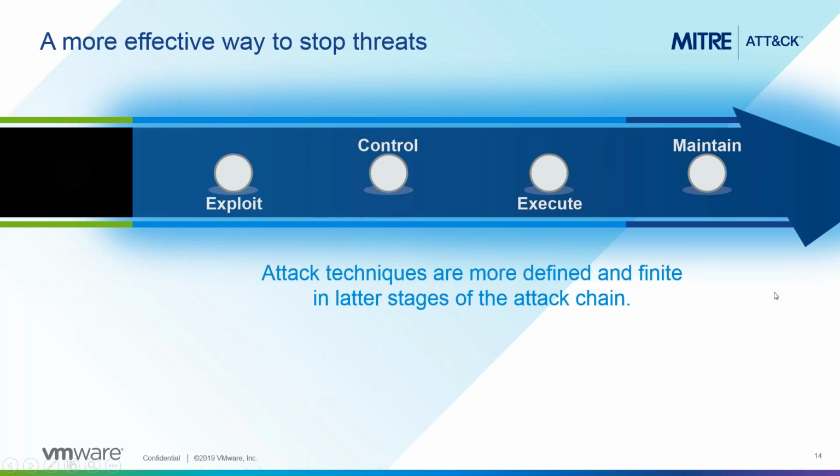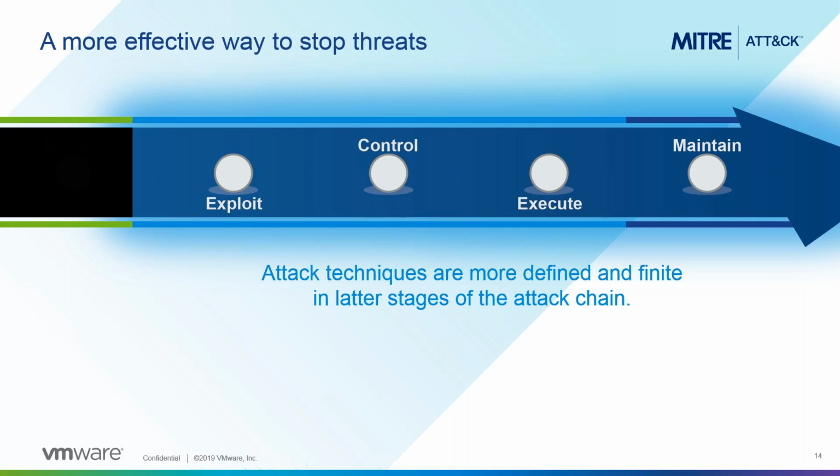Now, there is a more effective way to stop threats. When we think about the latter stages of the attack chain, the attack techniques are more well defined. Attackers in a later stage of the attack chain have to do certain things. They have to, for example, execute a tool or connect to a command and control server, those sorts of things.